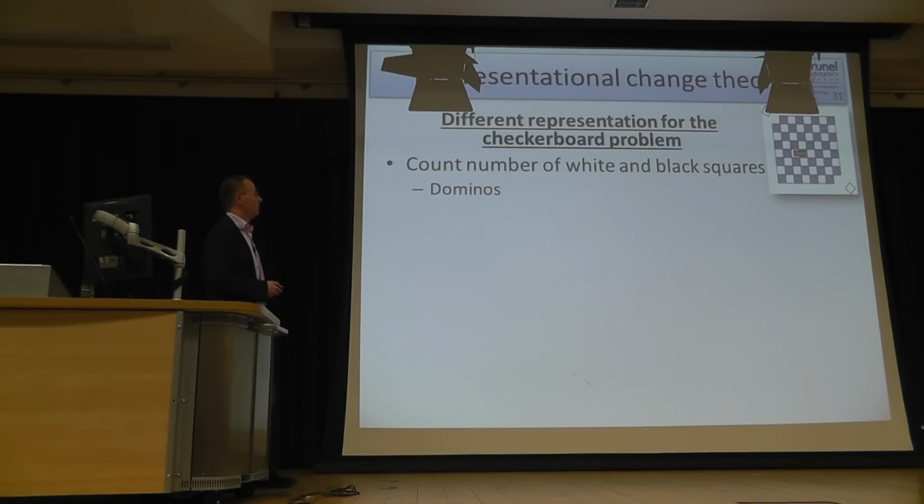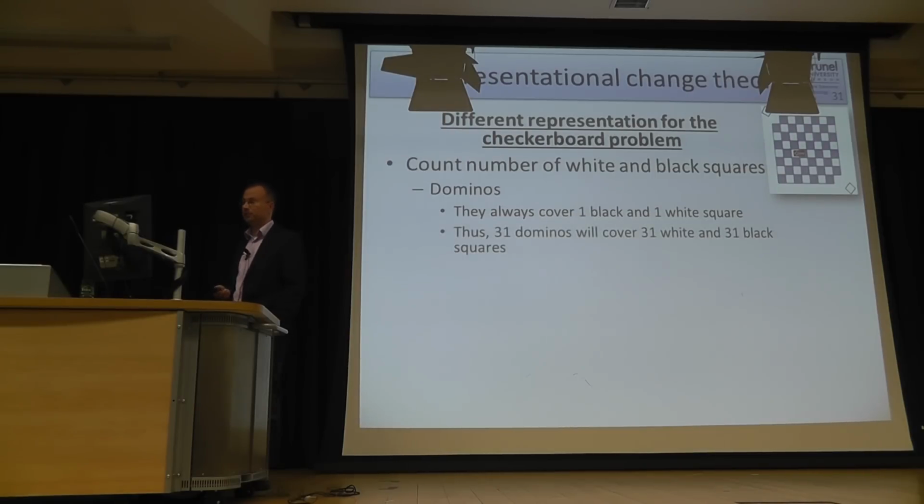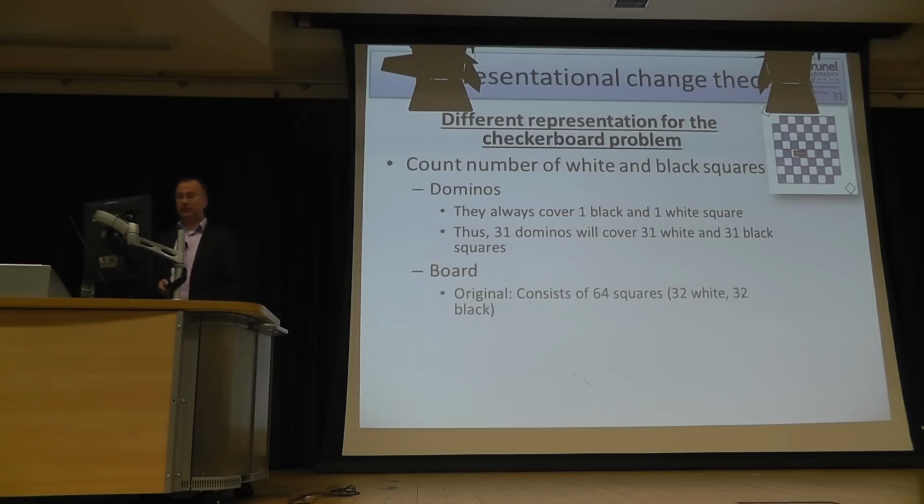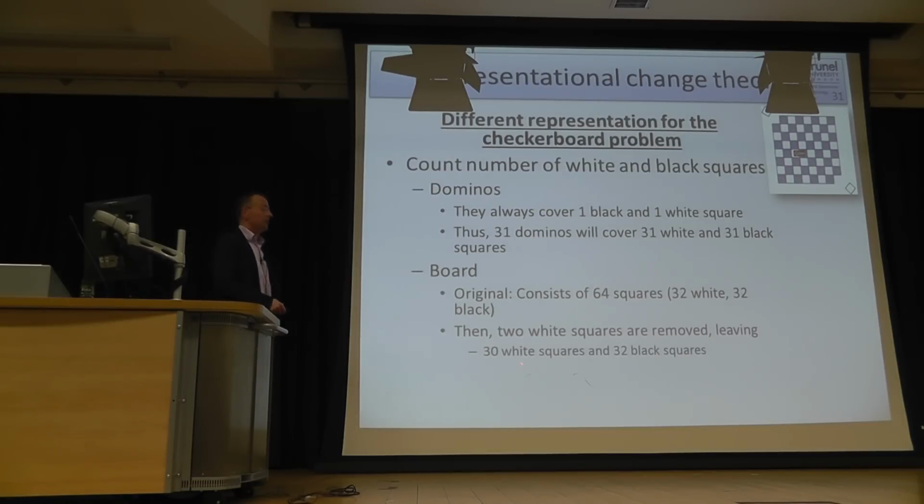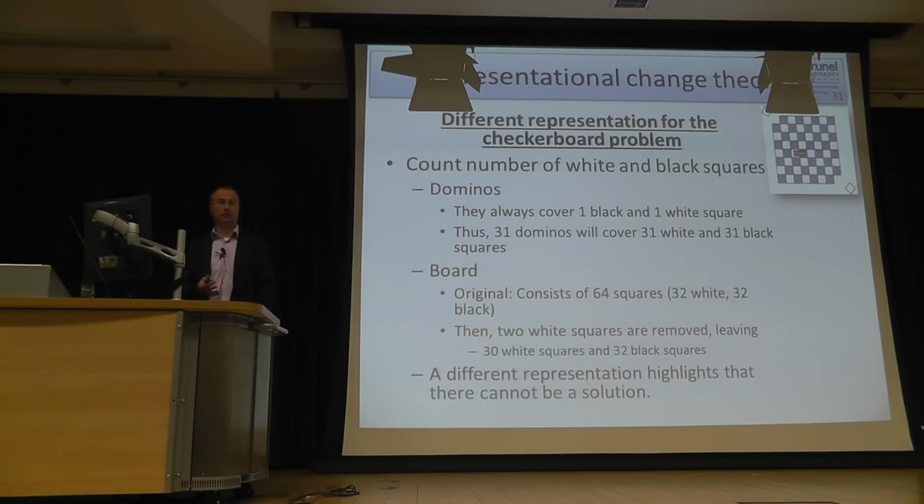However, the domino pieces can cover always only 1 black and 1 white square. You can never cover 2 blacks with 1 domino piece. So when you have 31 dominoes, you will always be able to cover only 31 white and 31 black squares, which are 62. The board, as I said, you take away 2 white squares, so you have left 30 white squares and 32 black squares. So when you change the representation to that, you see there can't be a solution to the problem.